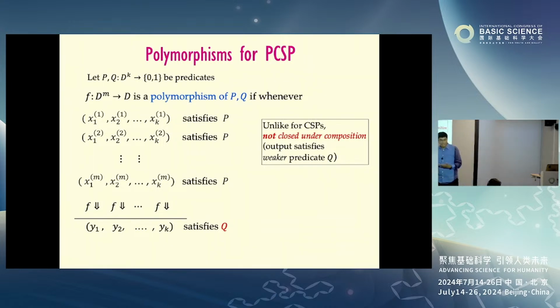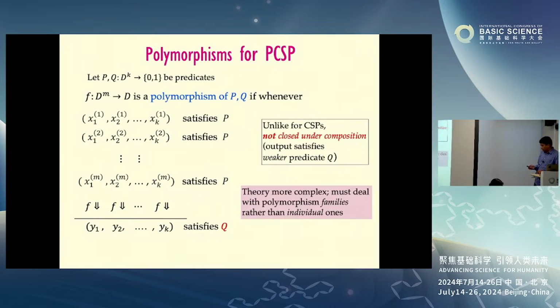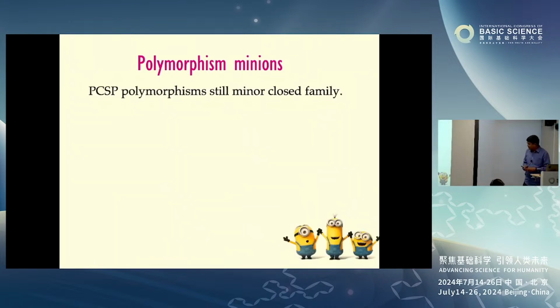Similar, so why can't we just do it? Some of these polymorphisms are not closed under composition, since the output is a weaker object than the input, so you can't compose them like a polymorphism. And these two families you can't compose as polymorphisms, but they do have some structure.